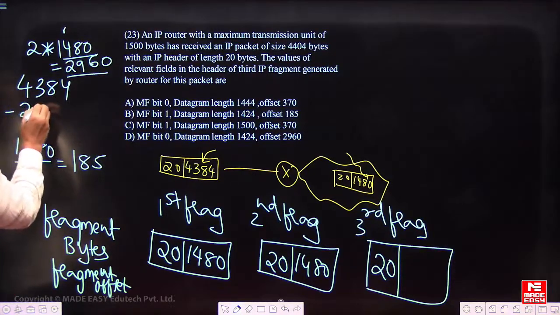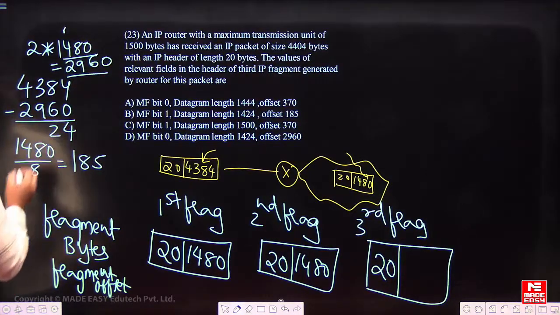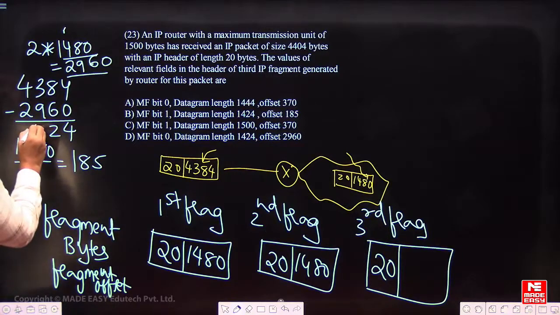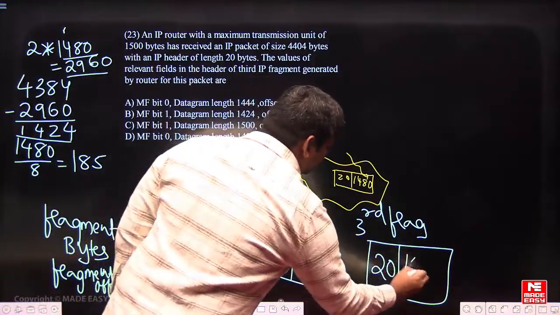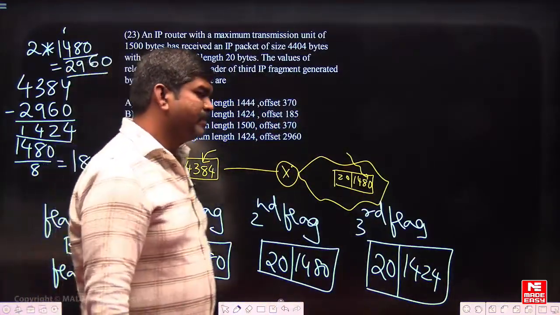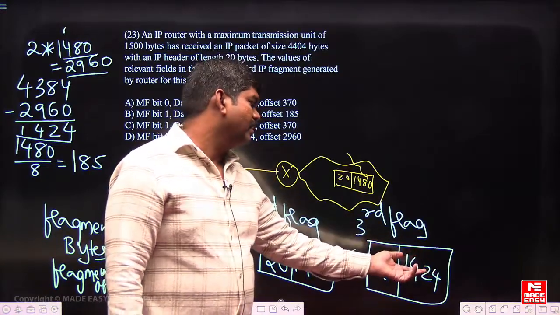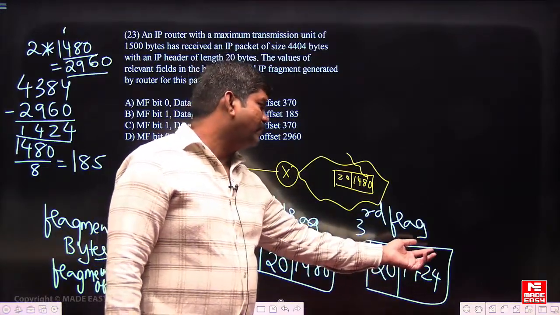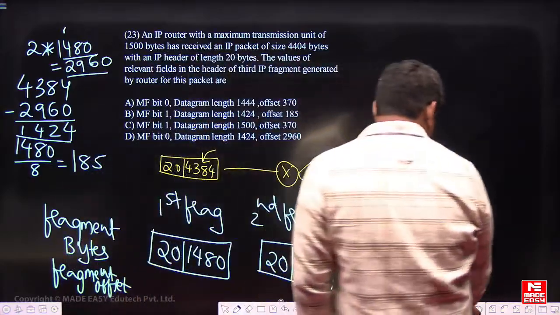If you subtract 2960, you will get the leftover bytes, which is 1424. So 1424 is allowed and that is given to the third fragment. For writing the code, take the payload as a multiple of 8, and with the help of total length and the header size you can easily calculate that value.